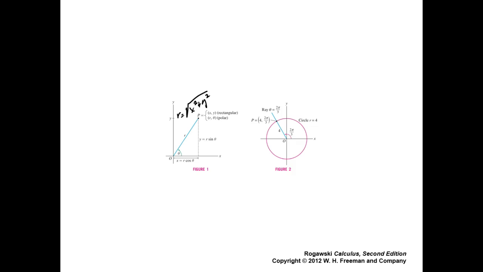What's the relation between theta, y, and x? Tangent of theta is y over x. So theta is equal to the inverse tangent of y over x. So r is a function of x and y, theta is a function of x and y, x is a function of r and theta, and y is a function of r and theta.